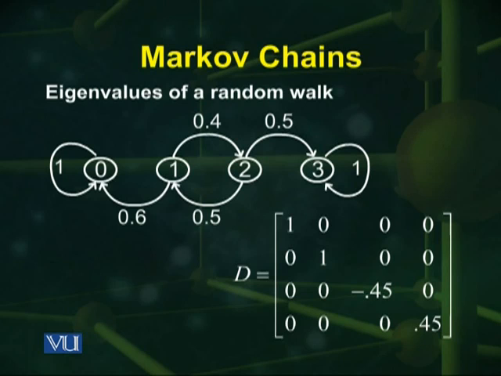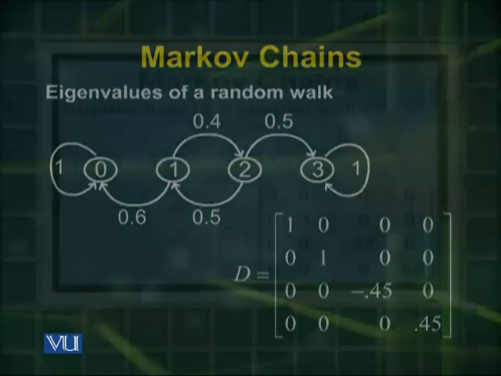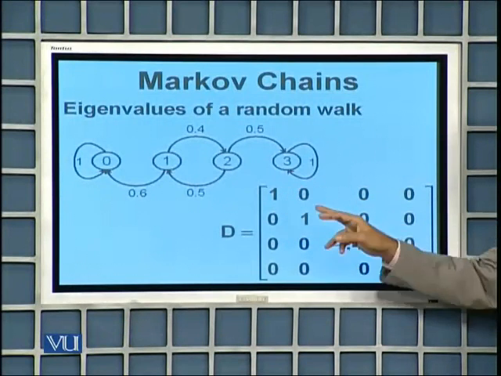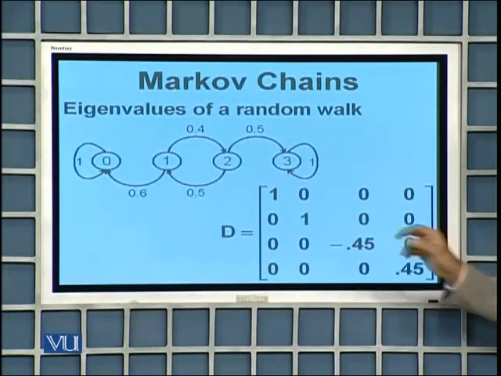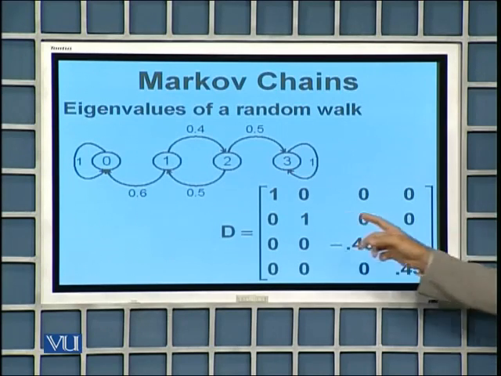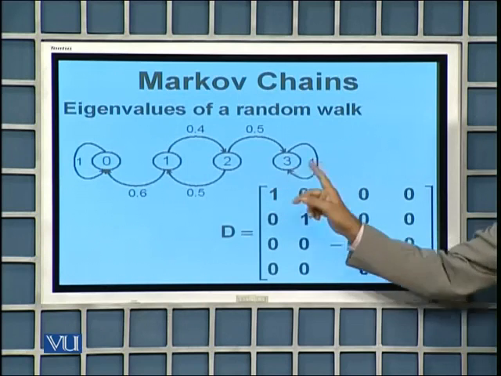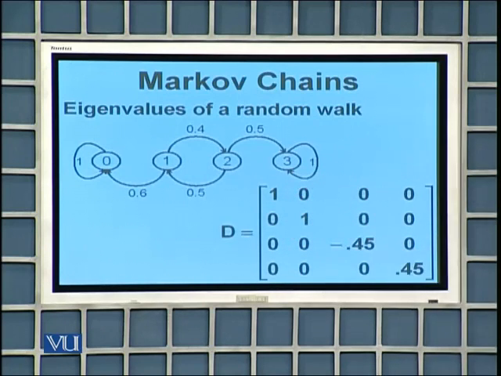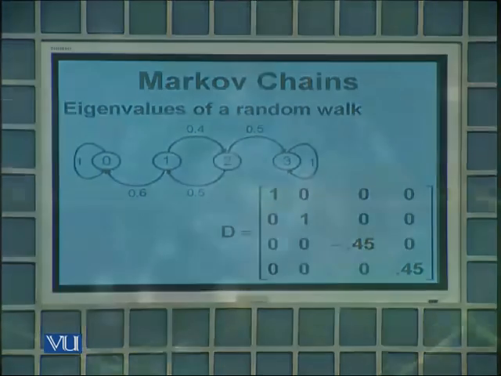The eigenvalues of the one-step transition probability matrix were 1, 1, 0.45 and minus 0.45. It is important to note that there are two eigenvalues with value 1, or eigenvalue 1 has a degree of 2. This is going to be important when we analyze the long-term stationary probabilities of this Markov chain.